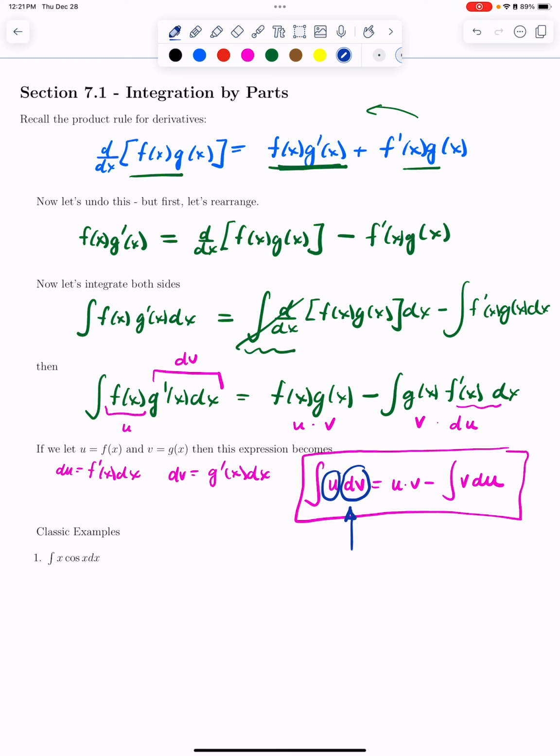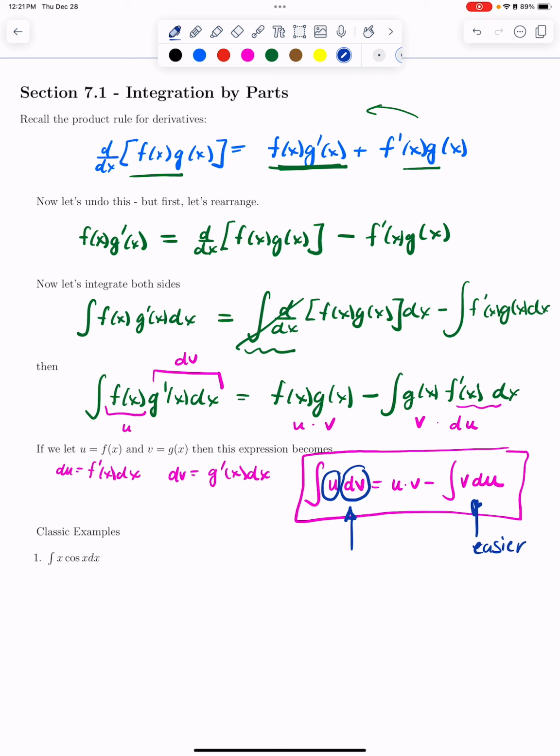And once you have done that, it's like you're doing the product rule in reverse, and then you end up with this new expression, u times v minus the integral of v du, with the hopes that this integral of v du is easier and something that you can now tackle more straightforwardly. Okay, so that's going to be the idea behind it.